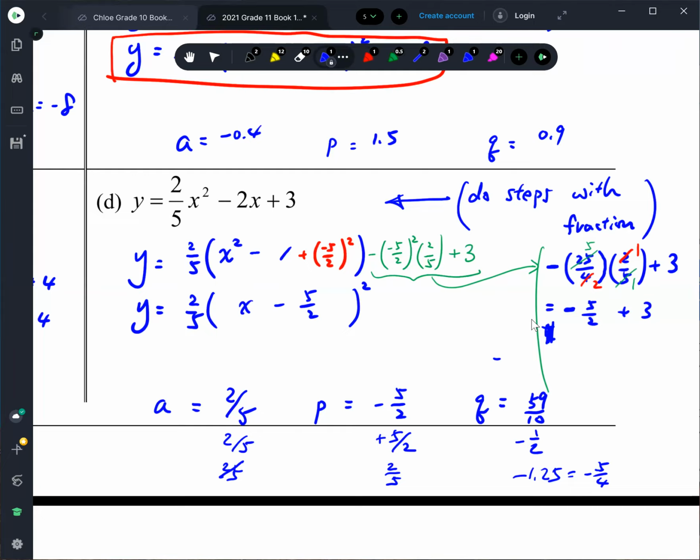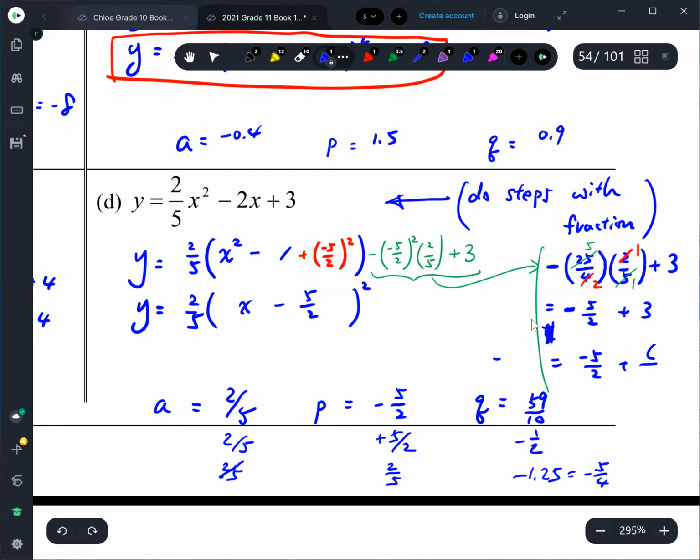Any questions so far? Okay, if you're doing it by hand, you need to show step by step here. And then to add fractions together, you need to get a common denominator. So -5/2 plus 6/2. Add together should give you 1/2. Right, -5 plus 6.